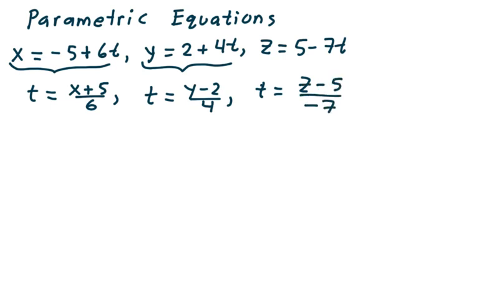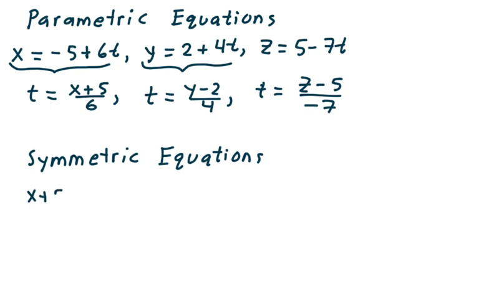And so here I set myself up perfectly for the symmetric equations. I want you to notice what I do here. I'm going to take (x plus 5) over 6 and set that equal to (y minus 2) over 4.